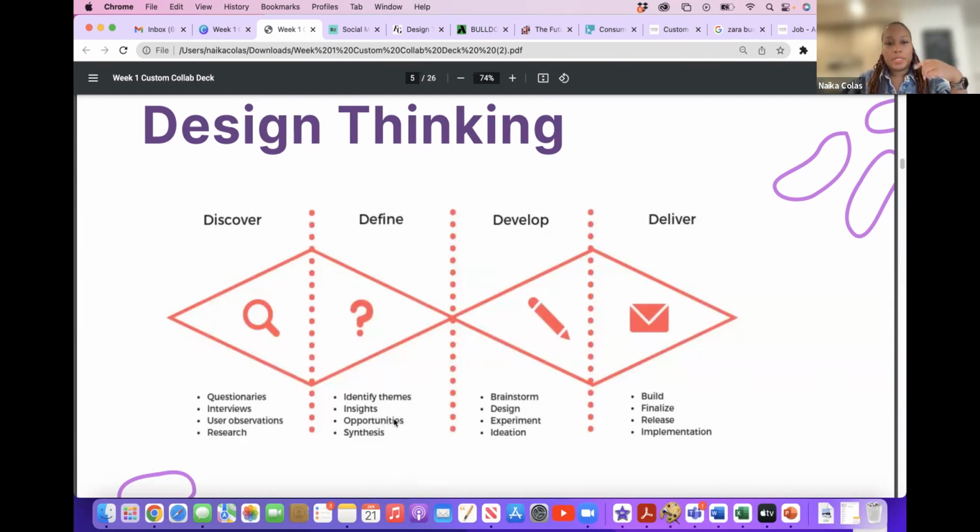So your opportunities would come from insights. So you would say to yourself, there's a white paper, and I'll go into white papers later, but there was a white paper published in the beginning of 2021 by Highsnobiety, and they did all this research in 2020. And what they saw was that consumers, now we know, wanted loungewear. That's all they wanted, loungewear.